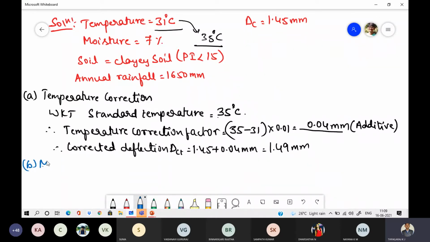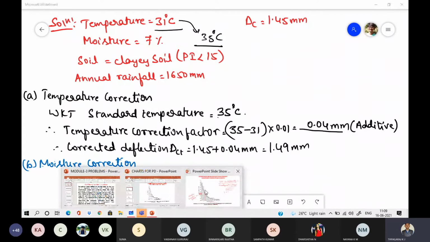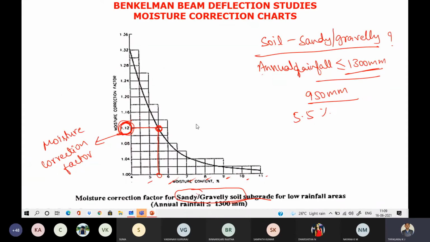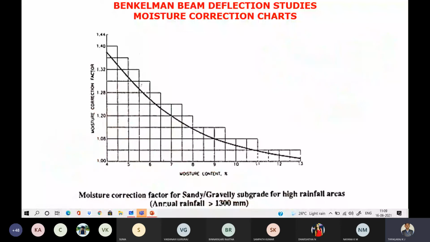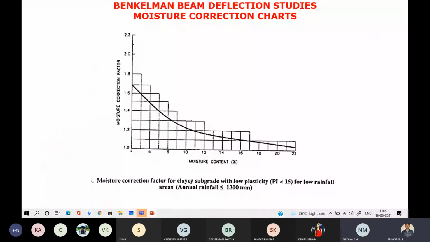Next is moisture correction. Are people understanding what I am teaching? Yes, sir. Now we'll go for the graph. From the graphs only we are going to get this. What type of soil is it? We have to search for clay soil. What is the annual rainfall? 1650.